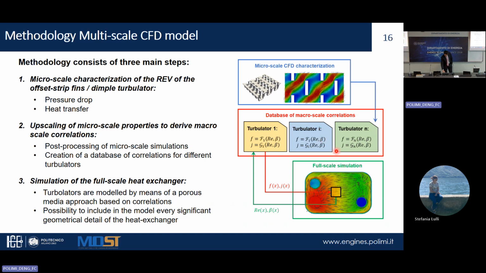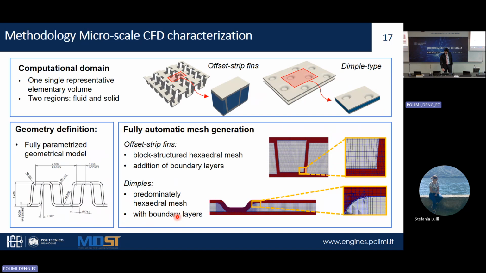Then we upscale in this way to this level, and then we can pile up every plate in order to do the simulation of the whole heat exchanger. This is useful since it is possible to do the optimization, and the optimization means optimization of the heat transfer and also optimization of the pressure loss.